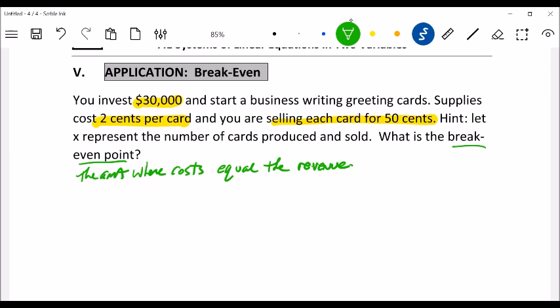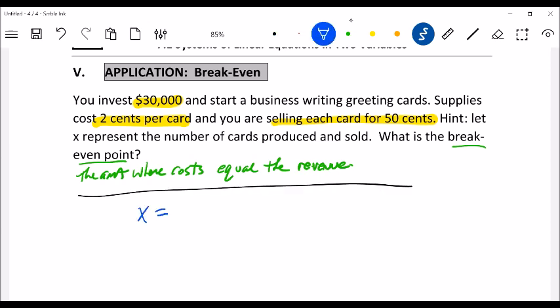You're not yet making any, but you're not losing any. You've matched up your costs and revenue. So let's go ahead and do what they say. X is equal to the number of cards made and sold.